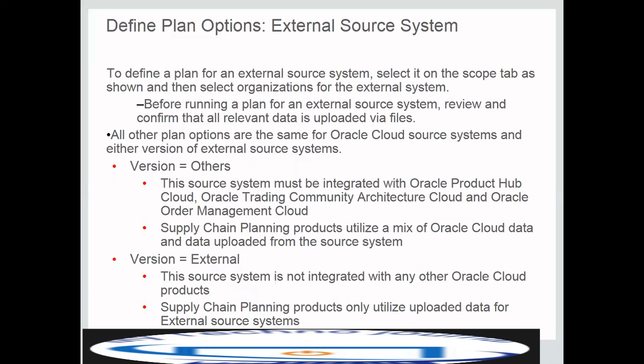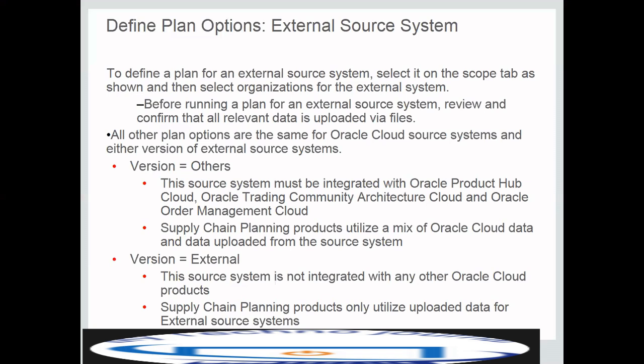All other plan options are the same for cloud source systems and for either version of external source system. So there is no difference in the plan options, and more importantly, there is no difference in the behavior of the planning process as well.